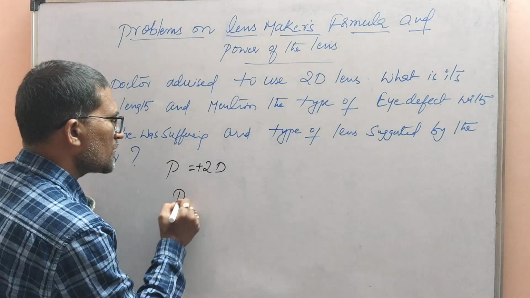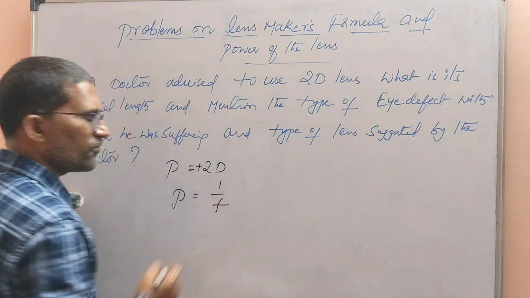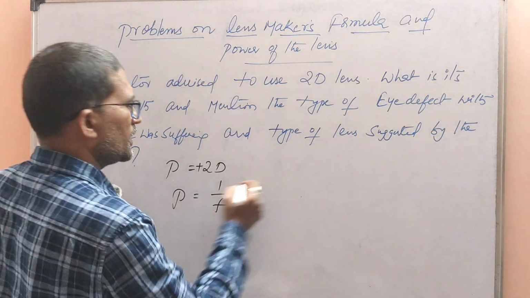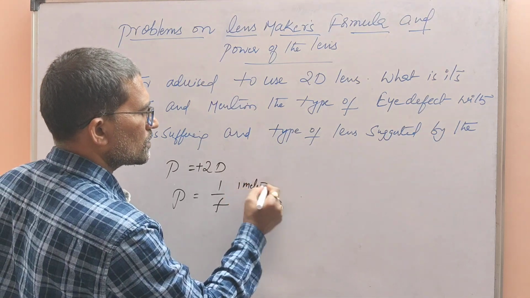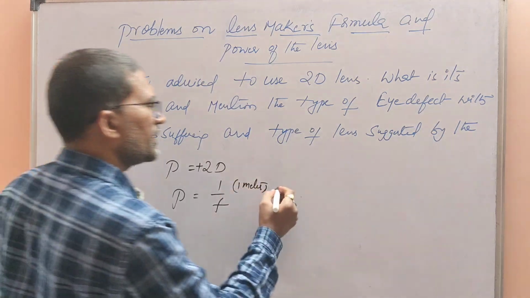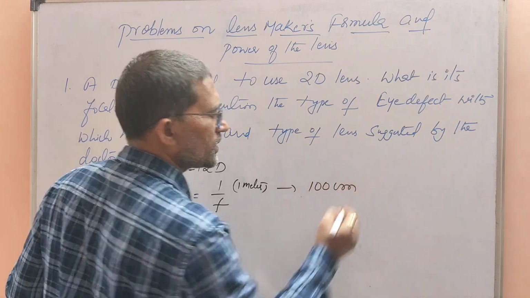Now, the power of the lens formula: power P is equal to 1 by F. I told you already, here 1 means 1 meter. If I convert into centimeters, 1 meter is equal to 100 centimeter.